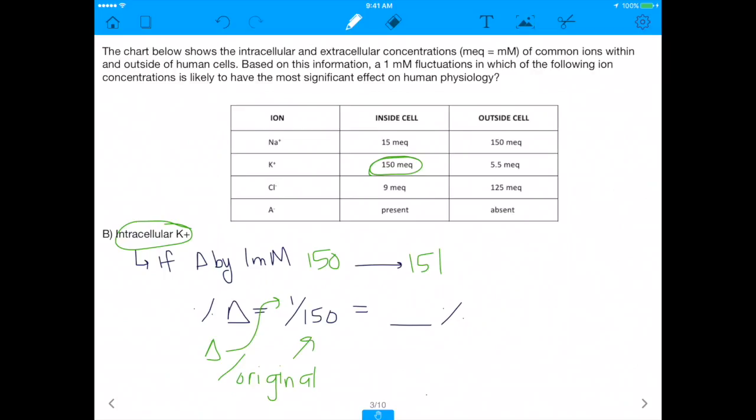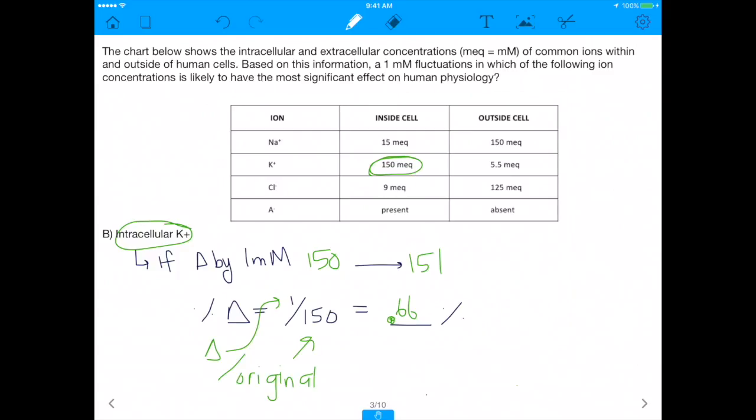If you do 1 over 150, you'll get about 0.66%. And that's actually pretty insignificant because the intracellular potassium level, as you already know, because of the sodium potassium pump, is already really high. So adding 1 millimolar there is not really going to change anything in the cell.